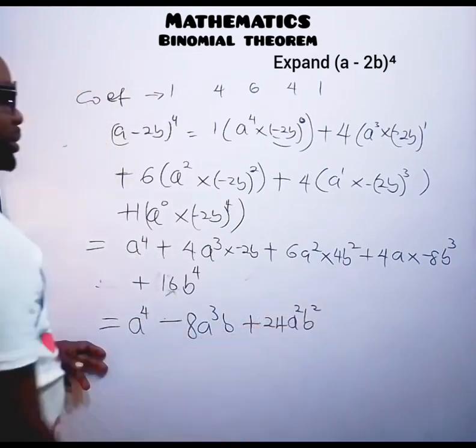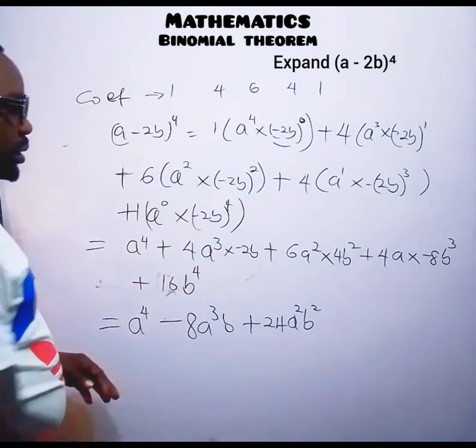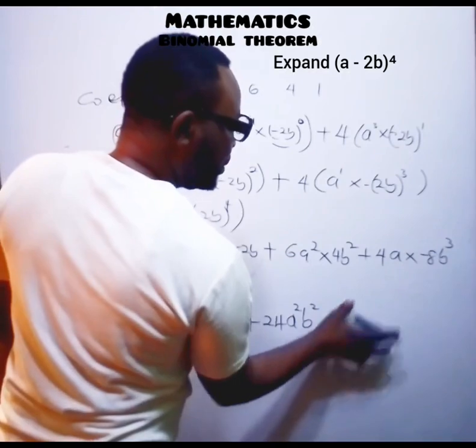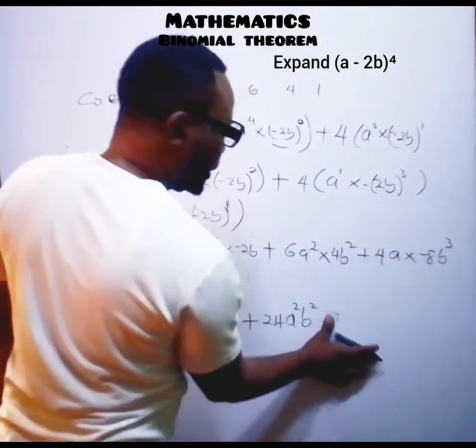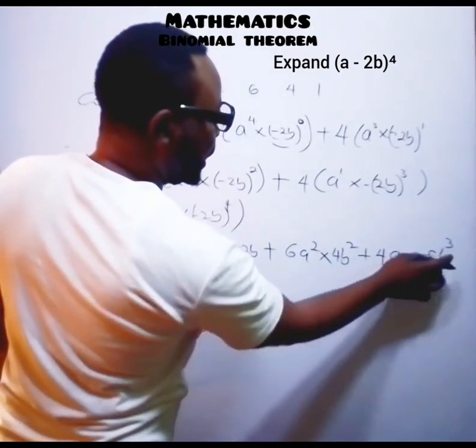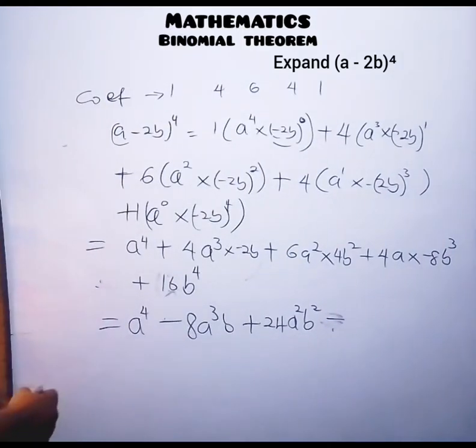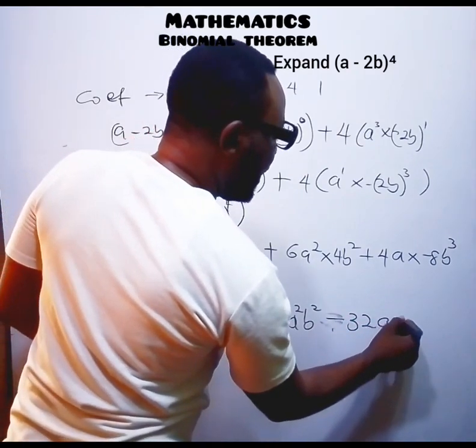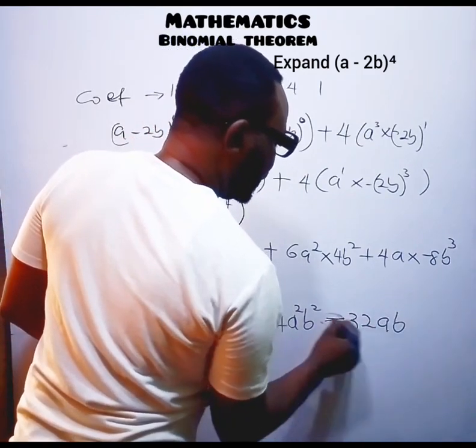You can see, you have the powers together, you get 4 as well. Plus 4 minus, that will be plus times minus is minus. Yes, minus 4 times 8. 8 times 4 will give us 32, 32ab raised to the power of 3.